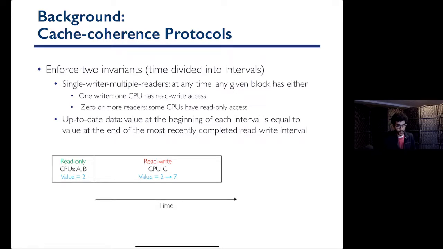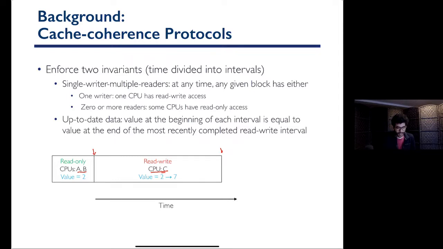In this particular example, at the beginning, A and B were reading, so I had a read-only interval. Then CPU C issued a write. Now I start a read-write interval, but just for CPU C, nobody else can have access. And during this interval, CPU C might change the value of this memory that I care about.